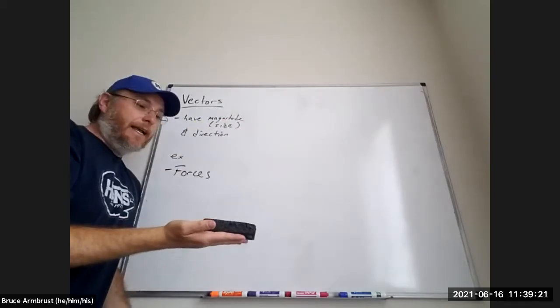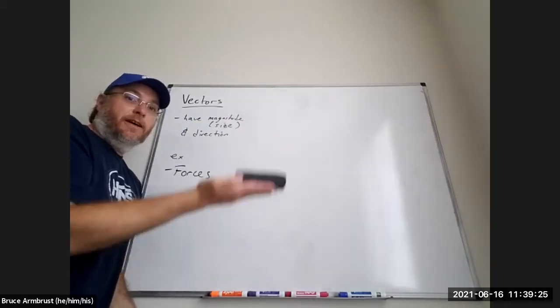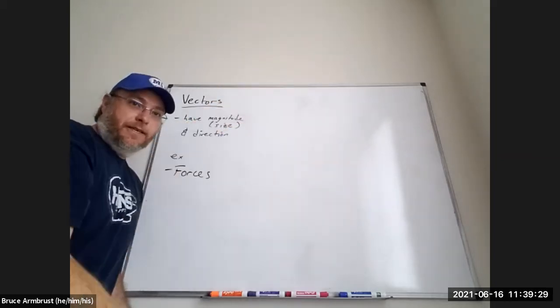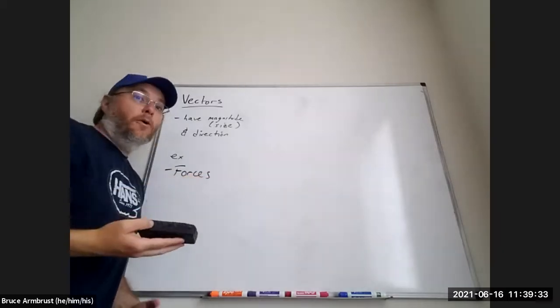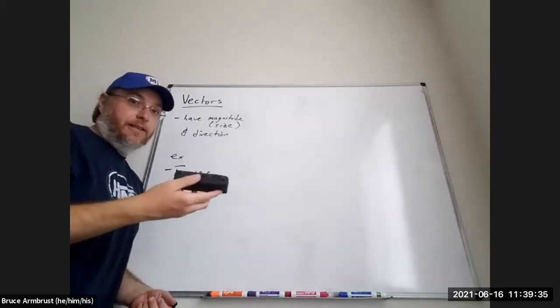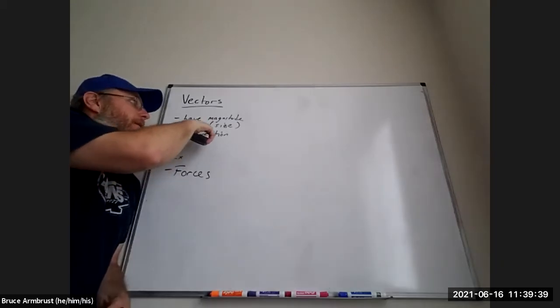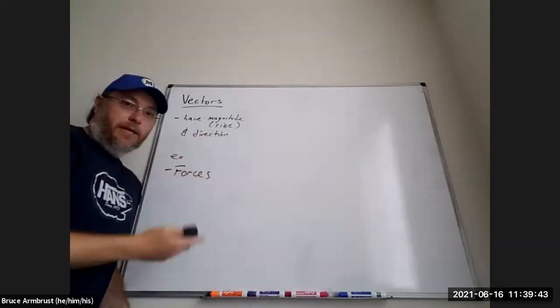But I am making it move in a specific direction. I'm applying that force upward, as opposed to applying that force downward or applying that force sideways. So how I apply that force causes different motion. So force needs to be a vector because it has to have a size, how hard am I pushing, but also in what direction.